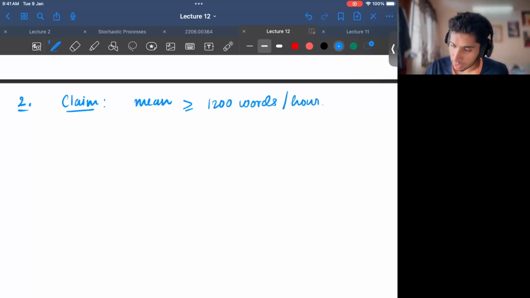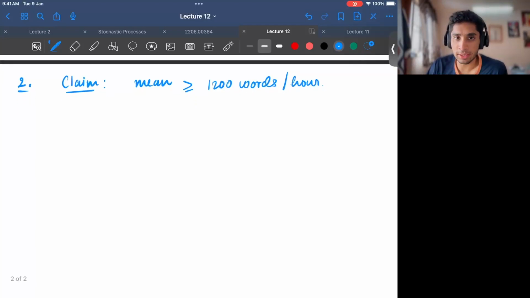Okay, so there is a business school which claims that if you take a 3 month typing course from them, the average typing speed of the students is at least 1200 words per hour.